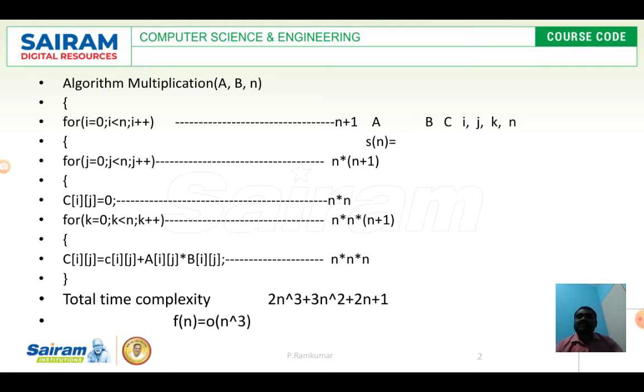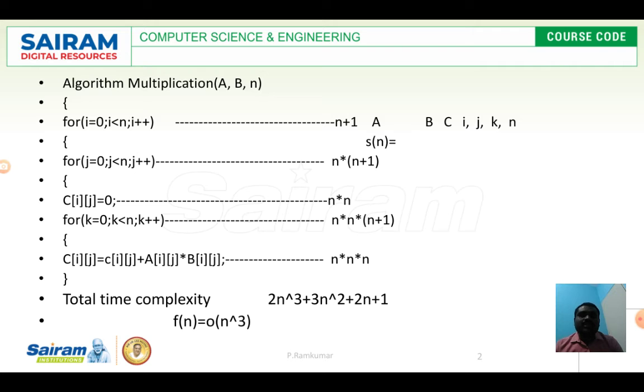For this problem, how do I identify the space complexity? Here, how many variables are there? A is one variable, B is another, C is another, n is one variable, i is another, j is another, k is another variable. A, B, C all represent matrices, so each matrix requires n by n, that is n square.